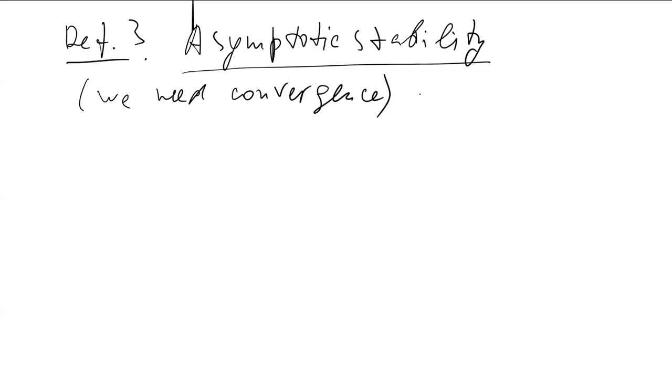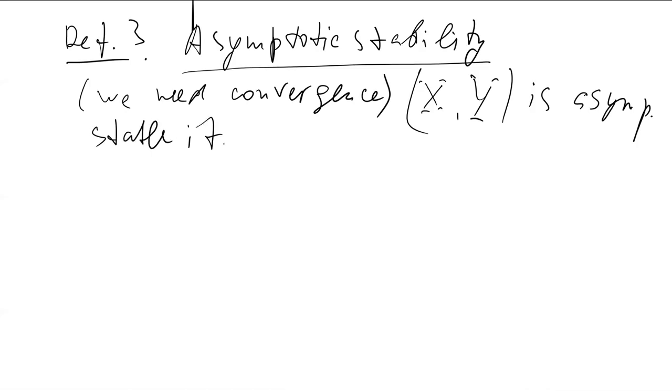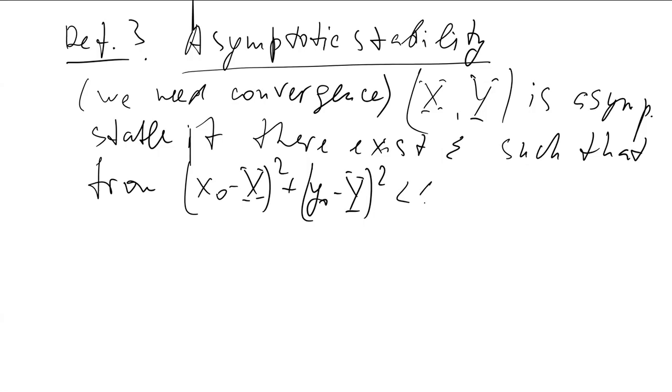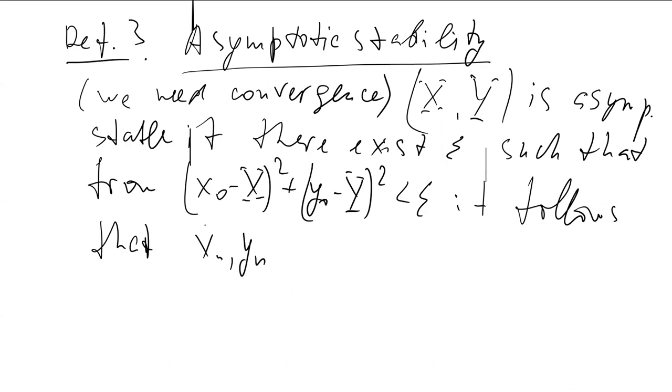That is, X capital, Y capital is asymptotically stable if there exists epsilon such that from (x naught minus X capital) squared plus (y naught minus Y capital) squared less than epsilon, it follows that xn, yn tends to X capital, Y capital.